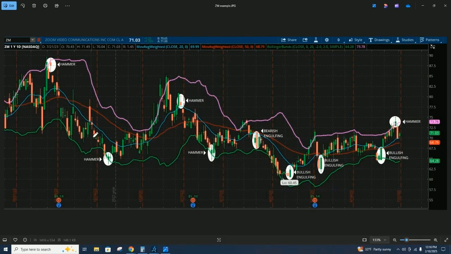You have to pay attention to these, okay? This is all part of the Delphi strategy, incorporating candles, because they tell a story, okay? And the more you practice, the more charts you look at, the better you're going to get at this. Trust me when I tell you that, okay?